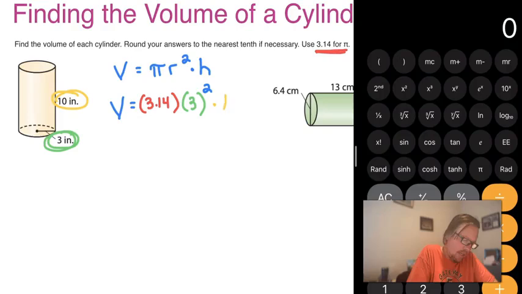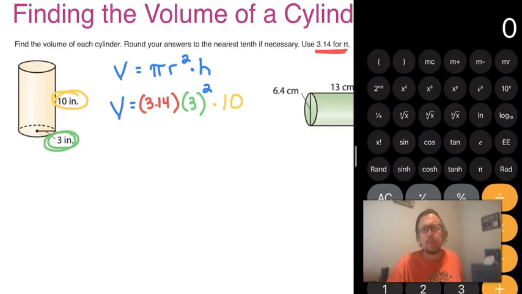So multiplied by 10. Now, if you've got a more advanced calculator, like a TI-84, you can plug it in just exactly like this, and the calculator will go with it. I don't know if this calculator I'm using right now will let me do it all at once. Let's go ahead and try it. I'm doing this live here.